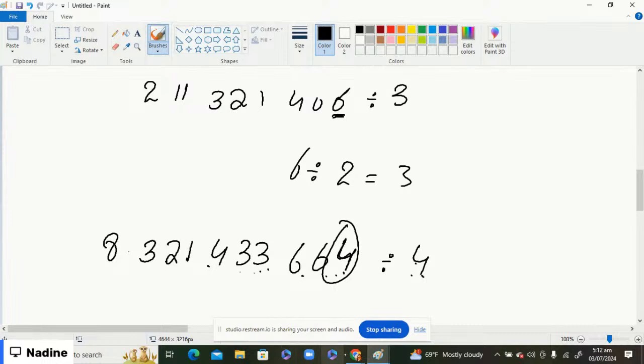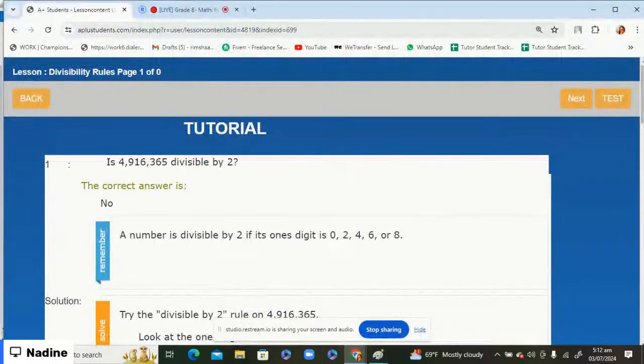Okay then. Now look at the numbers here. They are saying that 4,916,365 is divided by 2. Here it's 5 at the end, and for 2 it should be even.